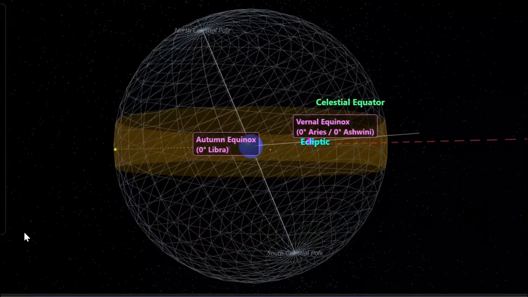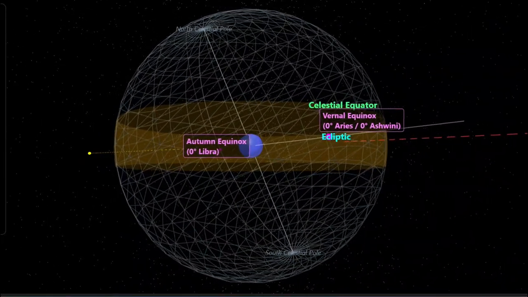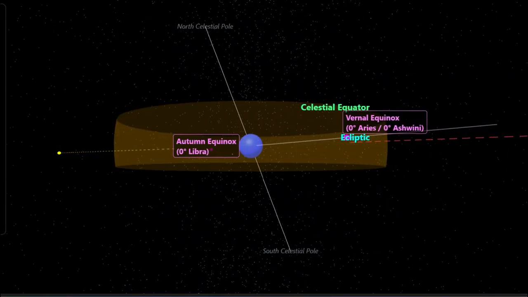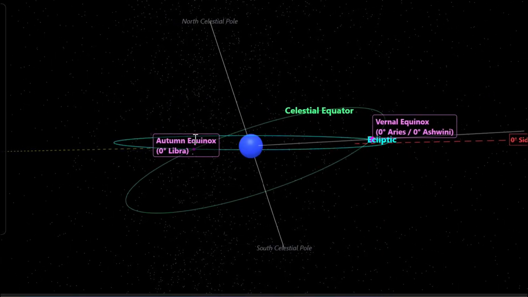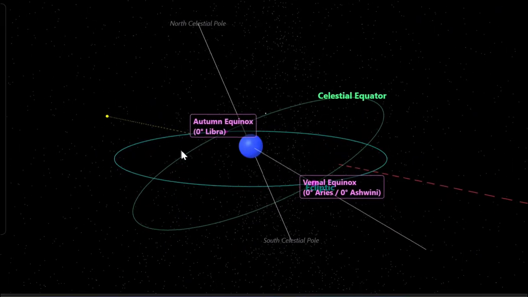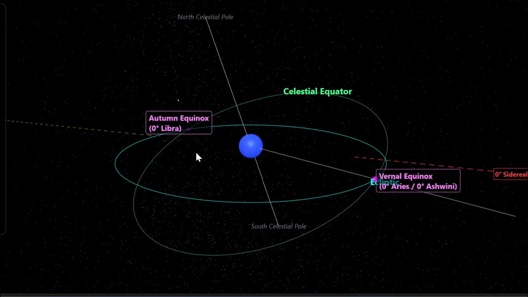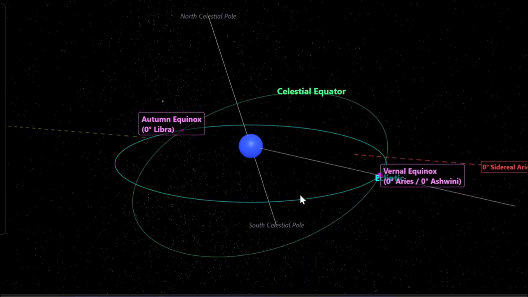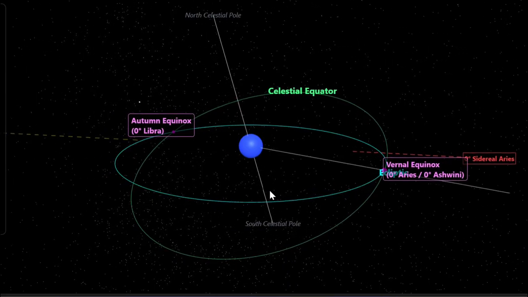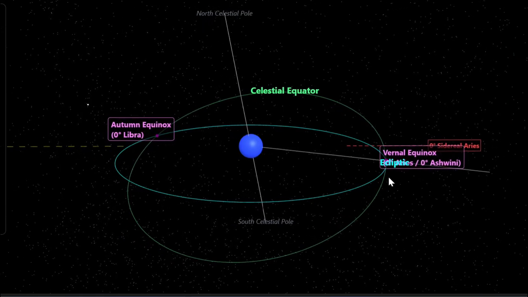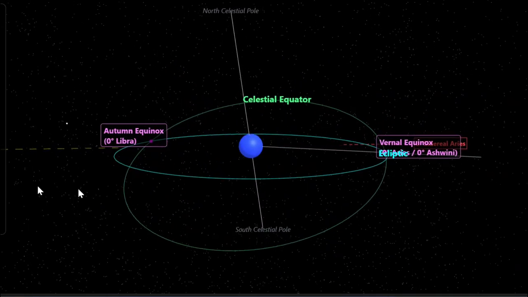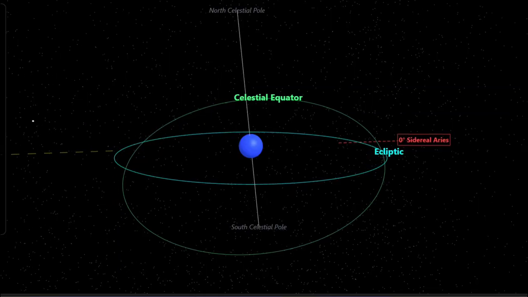Now there is something known as equinox. What is equinox? Equinoxes are the points in space where the celestial equator and the ecliptic meet.